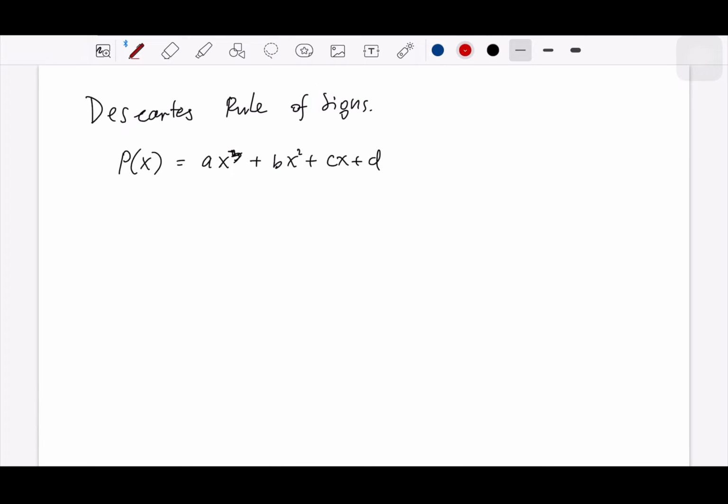Remember that we have p over q, so p over q is our possible rational zeros, let's say candidates. The Descartes rule of signs will take this p over q and eliminate some of them, making some rules to make sure, and then confirming what kind of zeros we are going to have.